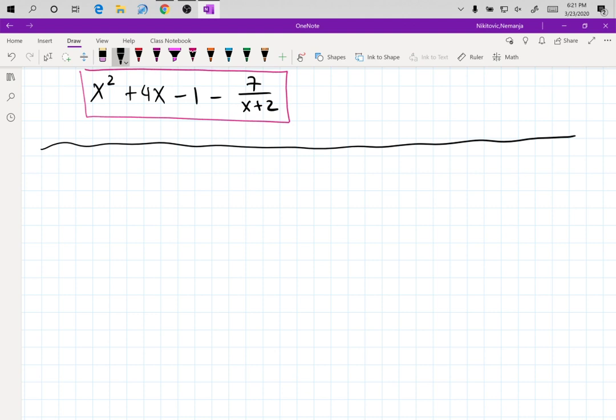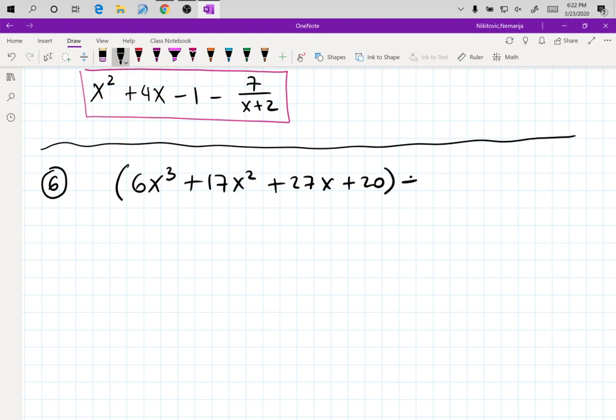So how about we take a look at homework example 6. The problem is posed this way: 6x cubed plus 17x squared plus 27x plus 20 divided by 3x plus 4. So this is exercise 6 on homework.